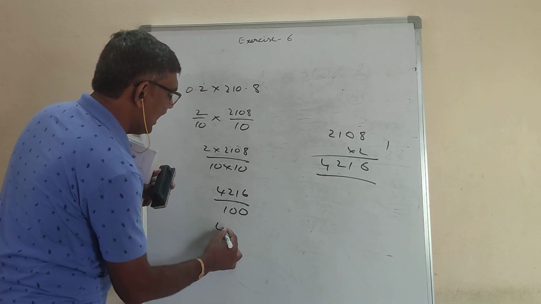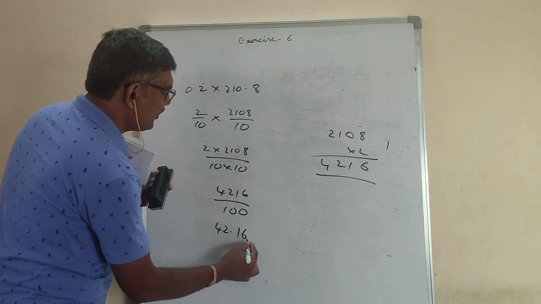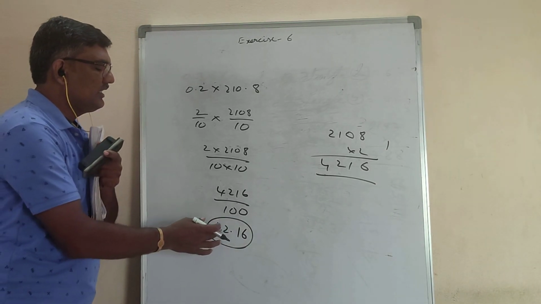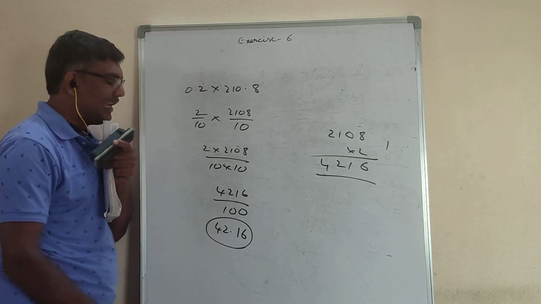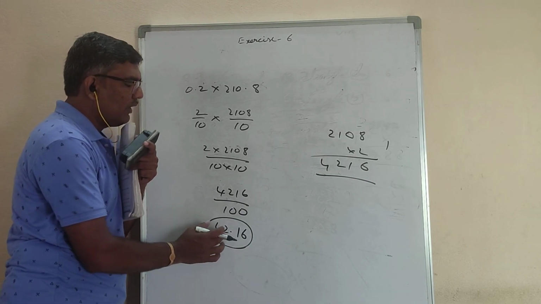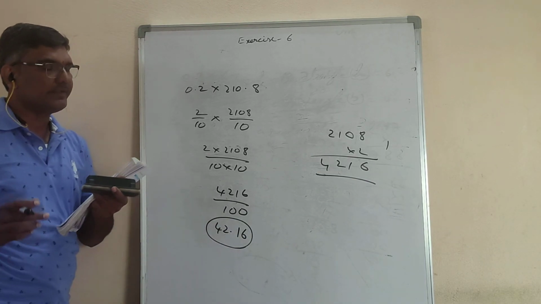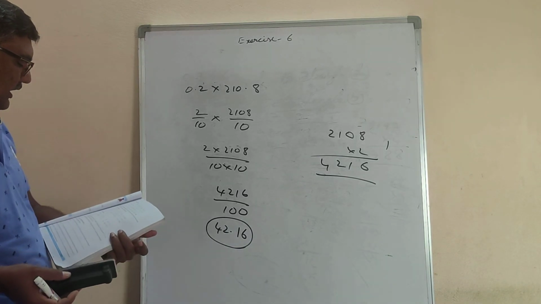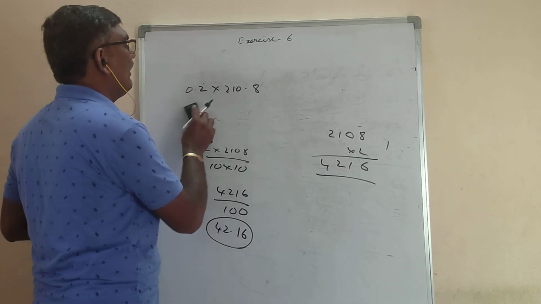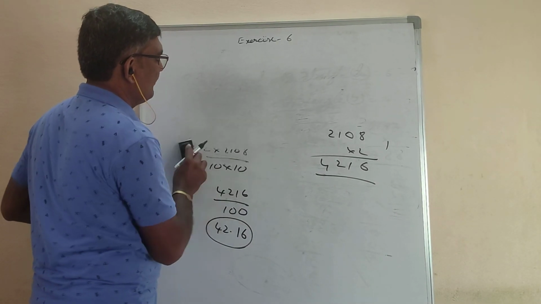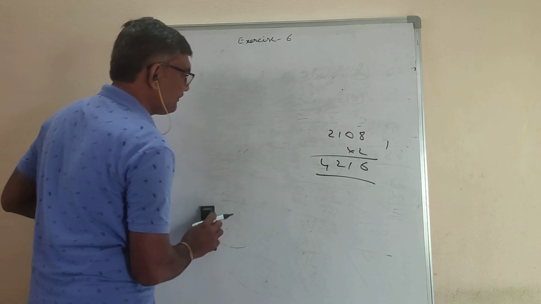That is, the answer is 42.16. You have to read it as forty-two point one six only.